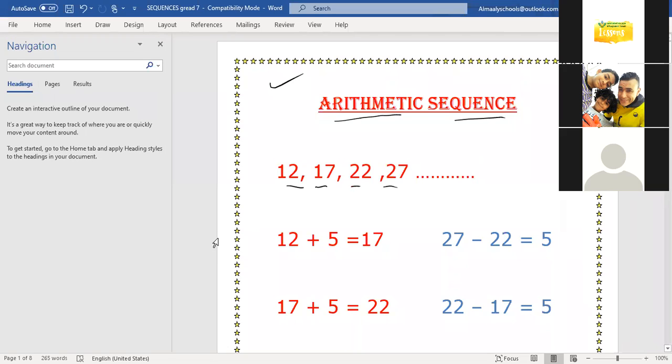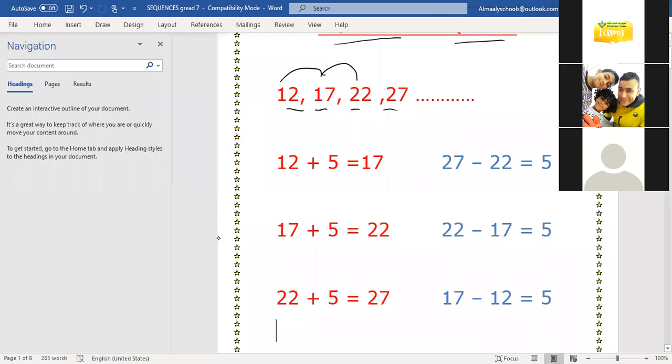You can find that 12 plus 5 equals 17, and 17 plus 5 equals 22, and 22 plus 5 equals 27, and so on. So we can say that the constant difference is 5.